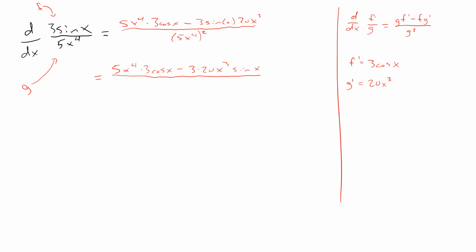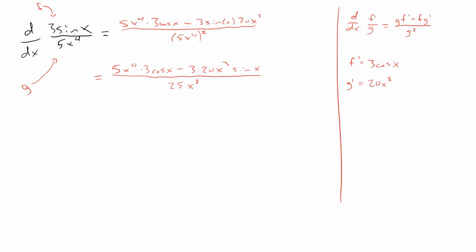On the bottom, here's where I'll make my first change to how things look. This 5x to the fourth squared is the same thing as 25x to the eighth. When you have a power raised to another power, you multiply those powers, so 4 times 2 gives you an exponent of 8.